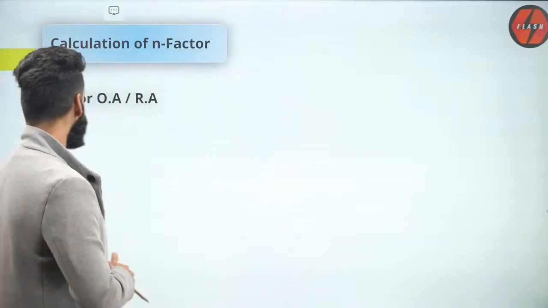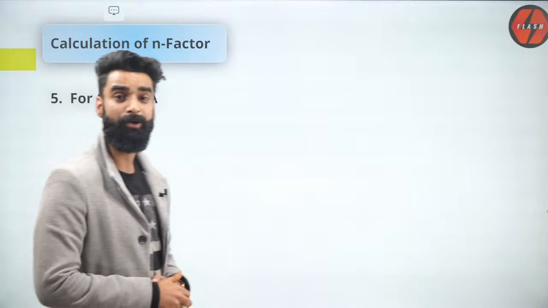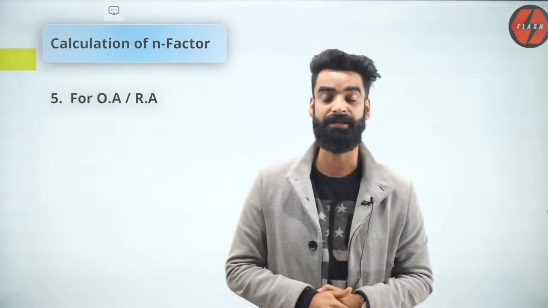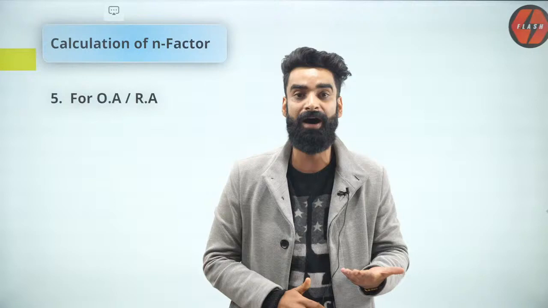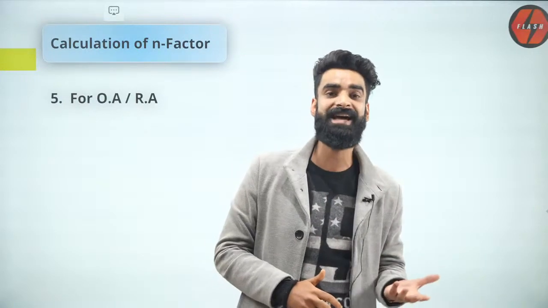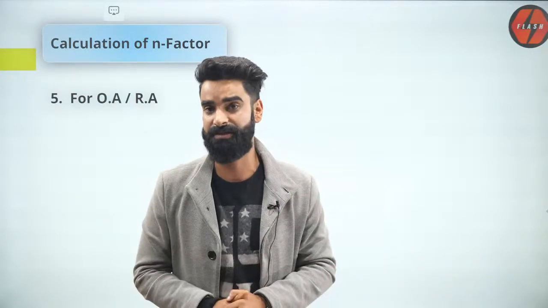Now people, first of all, we are going to talk about the calculation of N factor, or we call it valency factor, for oxidizing agents or reducing agents. How do we calculate the N factor? Or I can say, how do we calculate the equivalent mass, equivalent weight for the oxidizing agents or reducing agents?